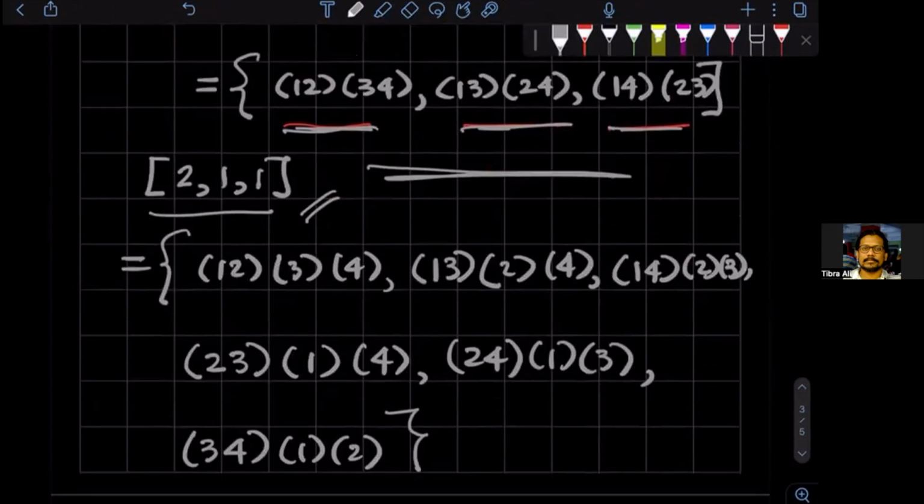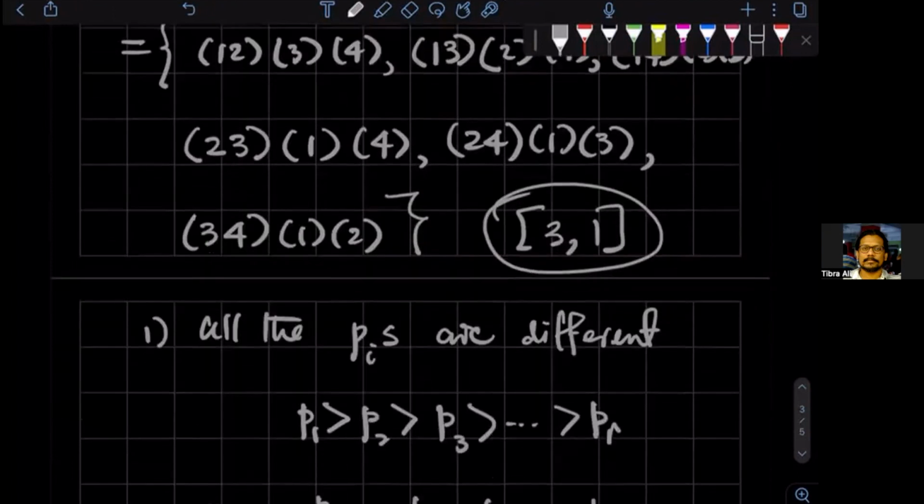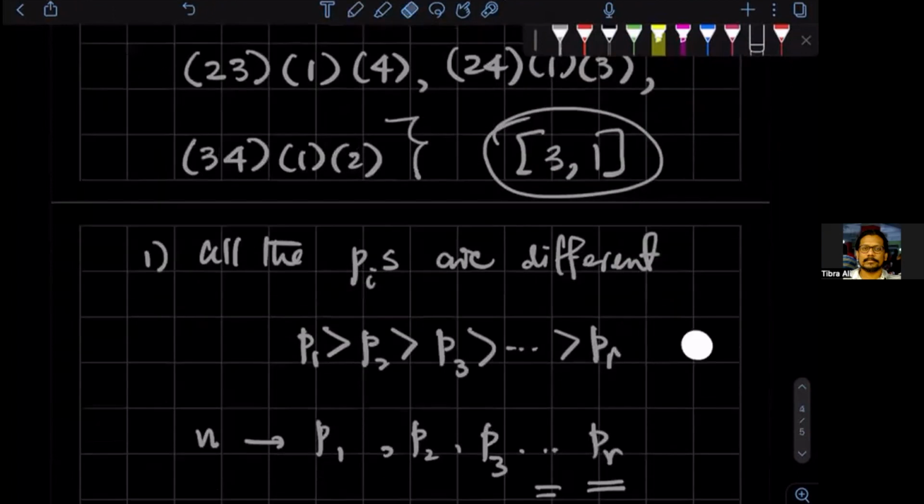We could have asked what is the size of 3,1. So this would be the case where all the P's are different. This is what we are considering here. Okay, got it. It's a very special case.